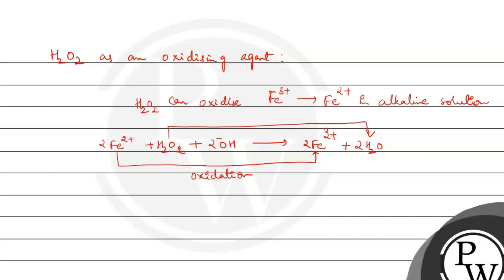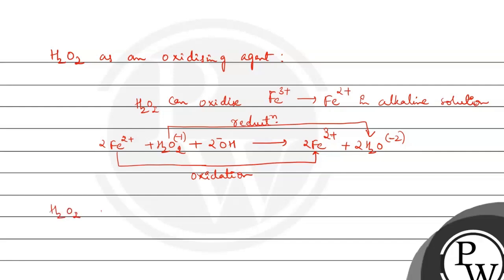So in H2O2 oxygen has -1 oxidation state, and in H2O it has -2 oxidation state. So here the oxidation state is decreasing, therefore here reduction is taking place. So according to the definition of oxidizing agent, H2O2 is getting reduced and it is oxidizing Fe2 plus to Fe3 plus.